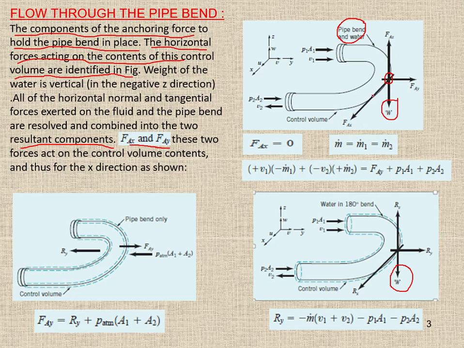There is a force at different points also, because the velocity is continuously changing its direction, so the momentum is changing, but this is the point where the force is maximum. This force exerted by the fluid is indicated by FAY. The vertical component is FAZ and the X direction is FAX.